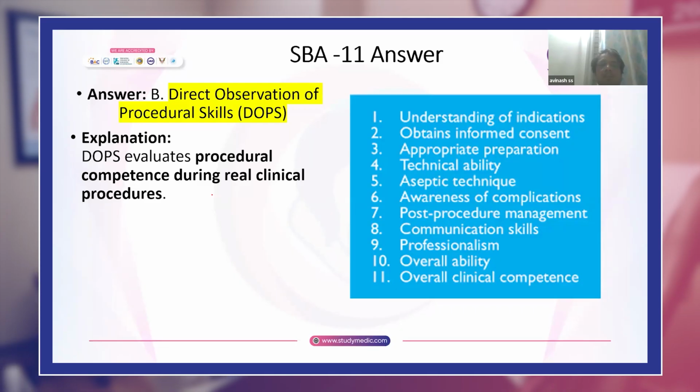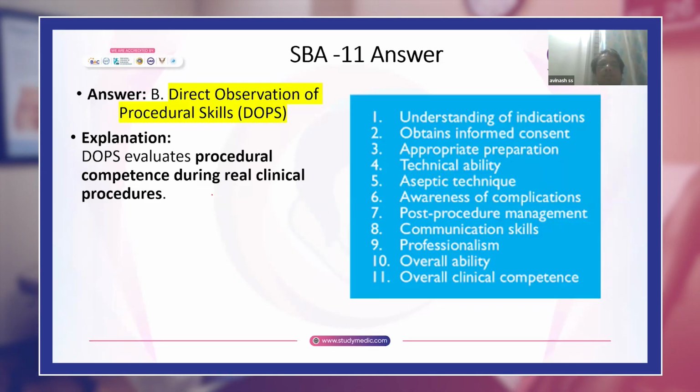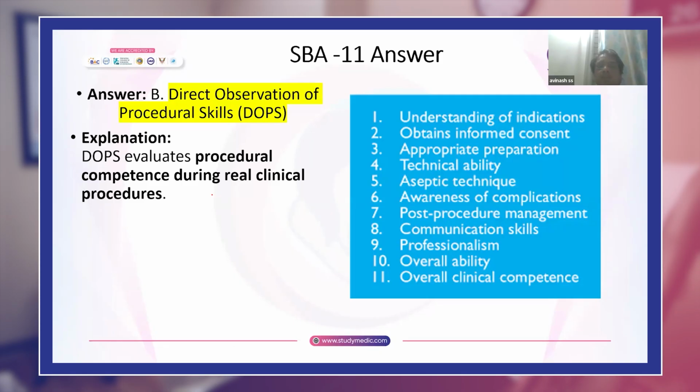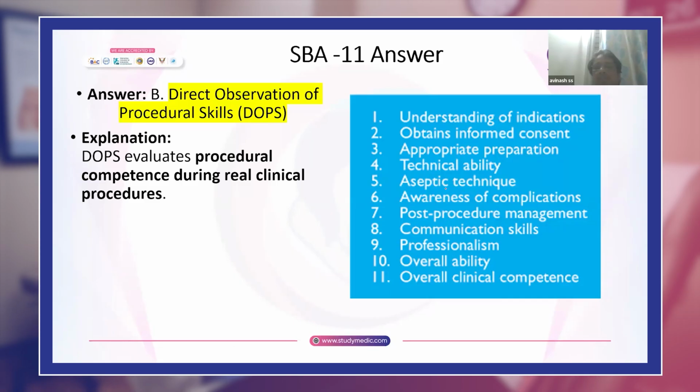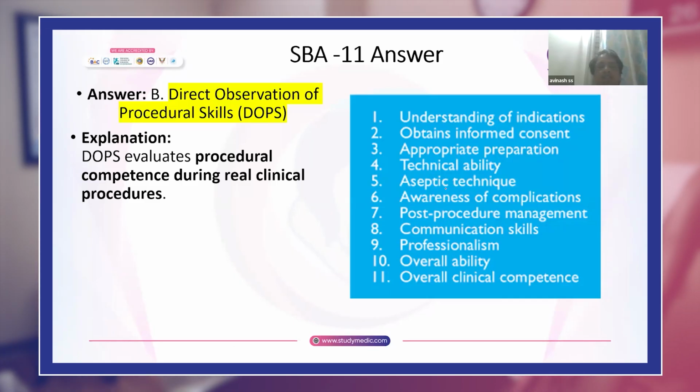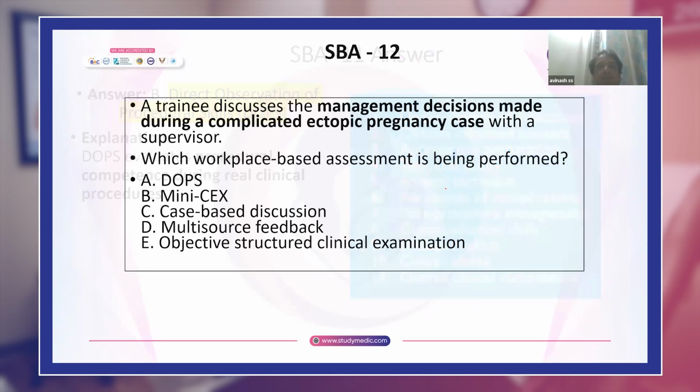Authentic. Okay, this is another example of workplace-based assessment. So all this can also be checked in DOPS apart from mini-CEX, but basically they check the procedures.